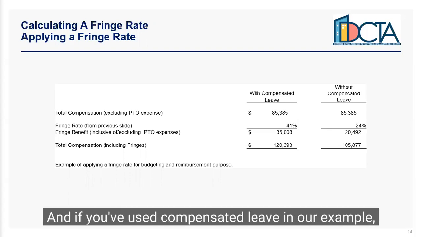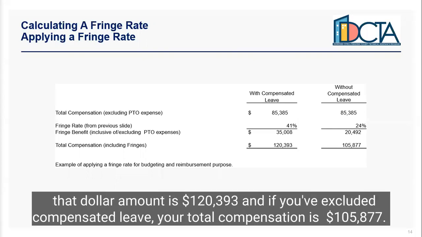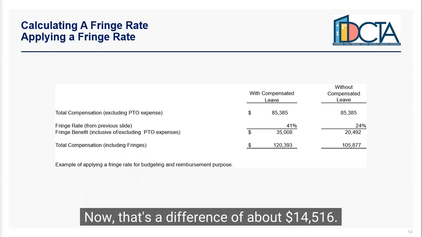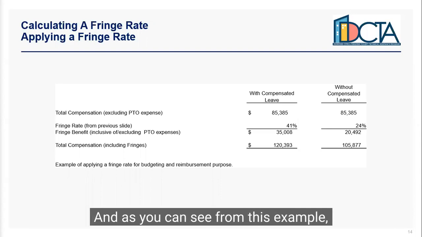And if you've used compensated leave in our example, that dollar amount is $120,393. And if you've excluded your compensated leave, your total compensation is $105,877. Now that's a difference of about $14,516.